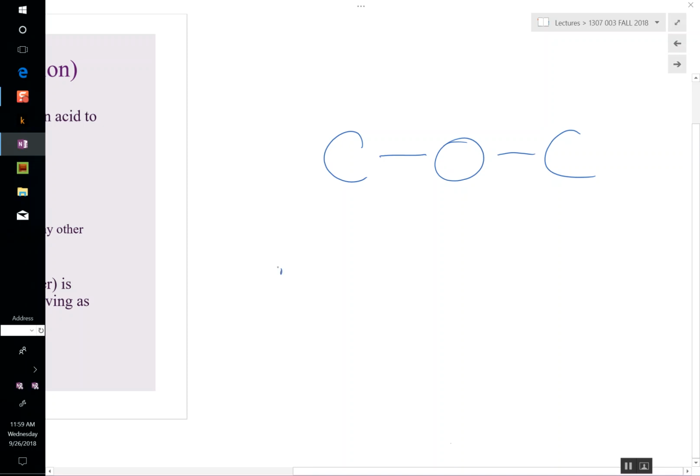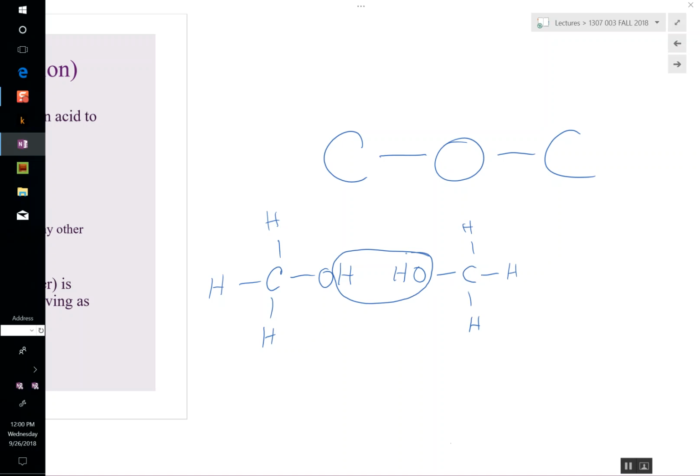And why is it here? Well, let's take a very simple alcohol, methanol. Simplest alcohol. And this is dehydration. See number 3 down there? Dehydration to form an ether. There's water right there, right between 2 alcohols.